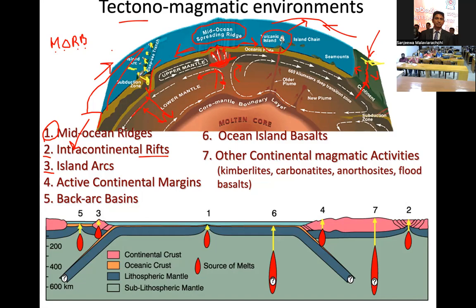Volcanic arcs means these ones, because these are produced as a chain of islands, chain of volcanic islands, like Japan. Japan is a very good example for island arcs. So island arc magma. So it's a very different type of magma, right? Its composition is different.